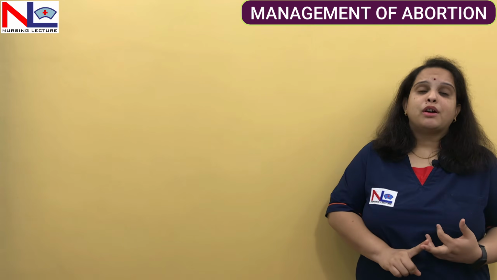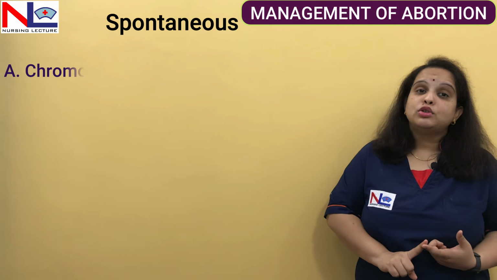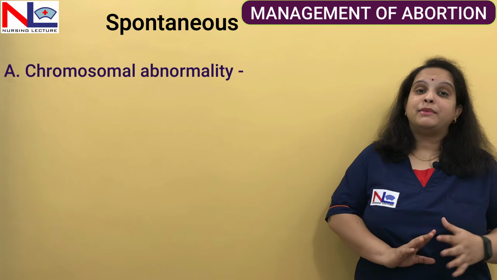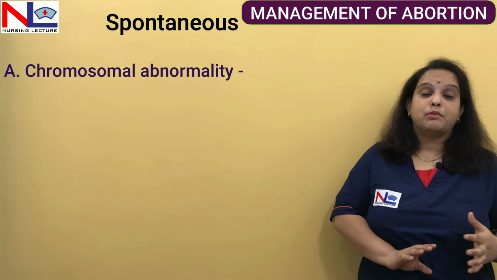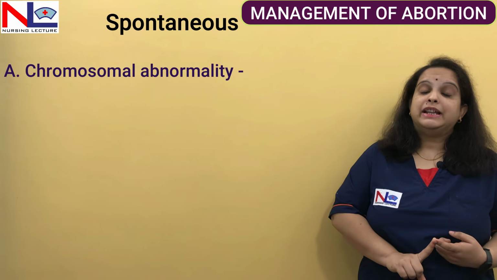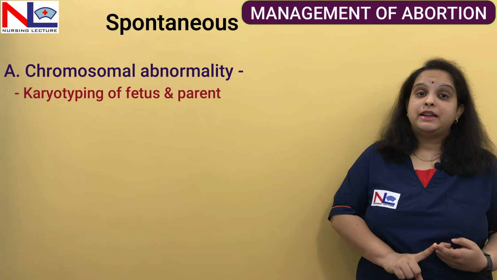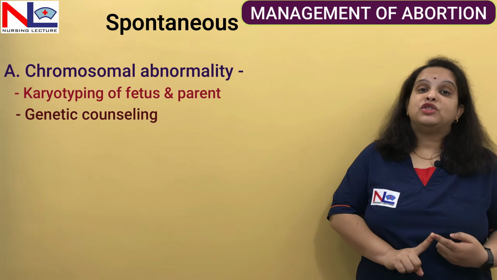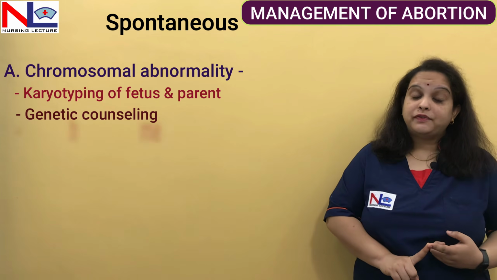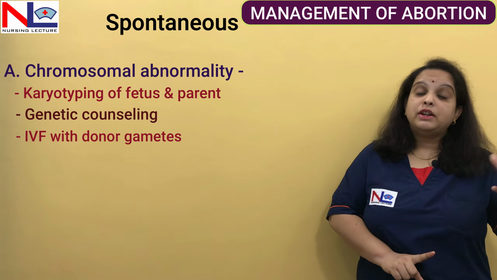So let me talk about spontaneous miscarriages first. As we talked about earlier, chromosomal abnormality is one of the important reasons behind abortion. If chromosomal abnormality was found in a previous pregnancy by karyotyping of the parent or the fetus, then we can give genetic counseling to the parents, that they can adopt the IVF technique, in vitro fertilization, where they can receive a donor gamete.